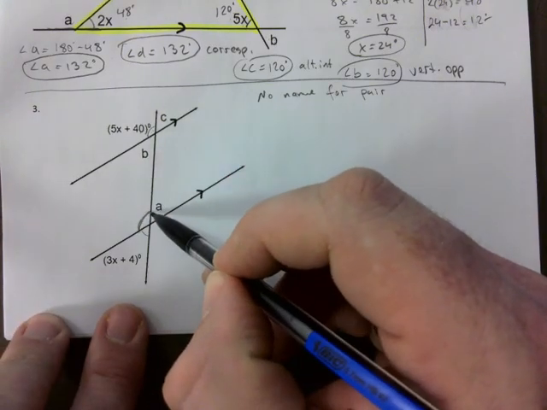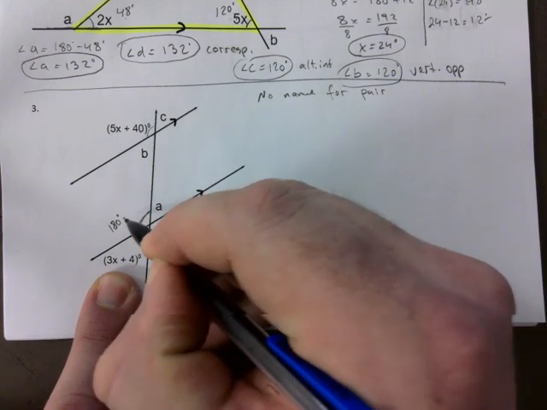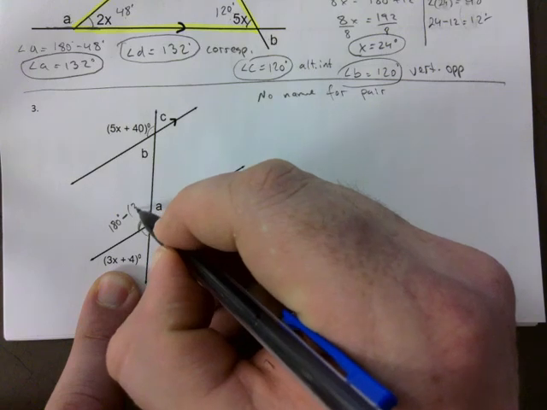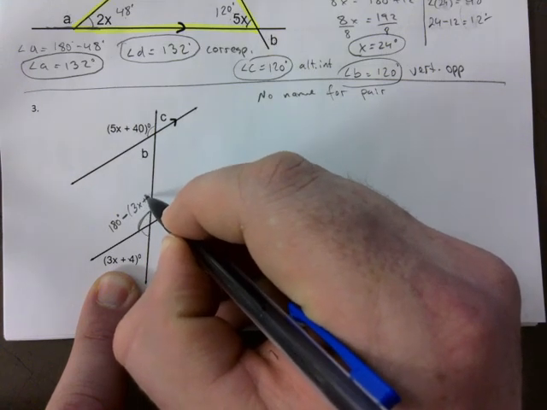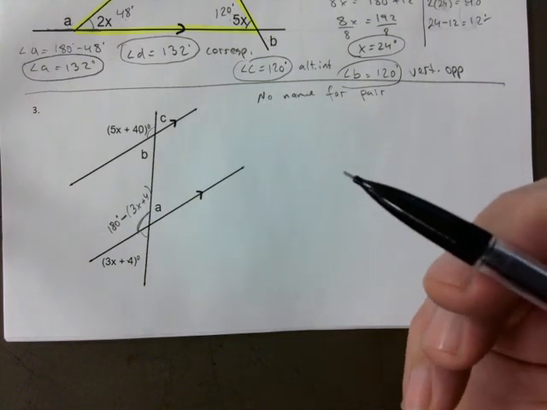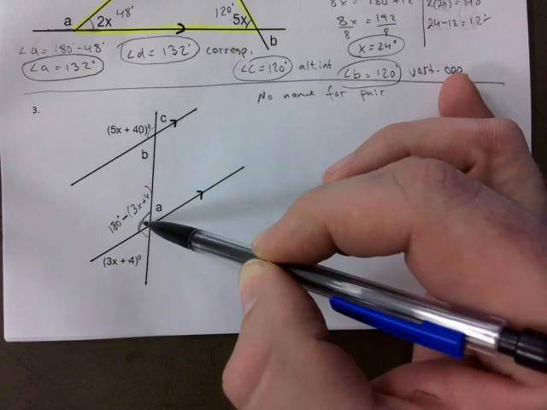So this angle here, watch carefully, is going to be 180 minus this angle right here, which right now, all we know is it's 3x plus 4. Does that make sense, that little move there? If this is 3x plus 4, then this angle is 180 minus (3x plus 4).